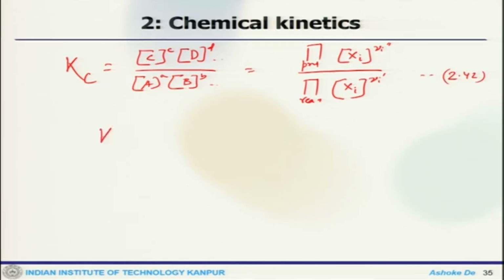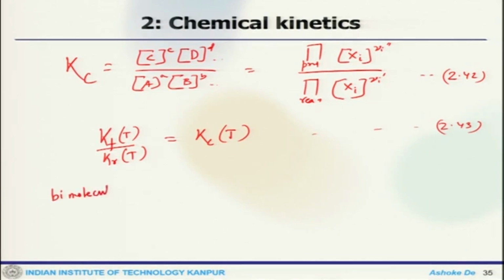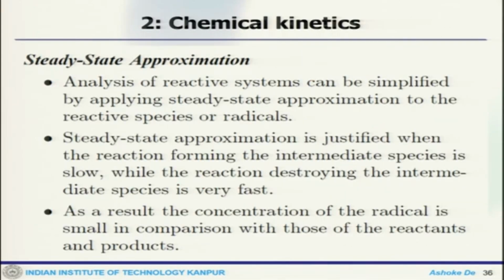So, that you get Kf by Kr equals to Kc. So, that will get you 2.43. For bimolecular reaction, Kc is nothing but Kp. So, this is what you get.